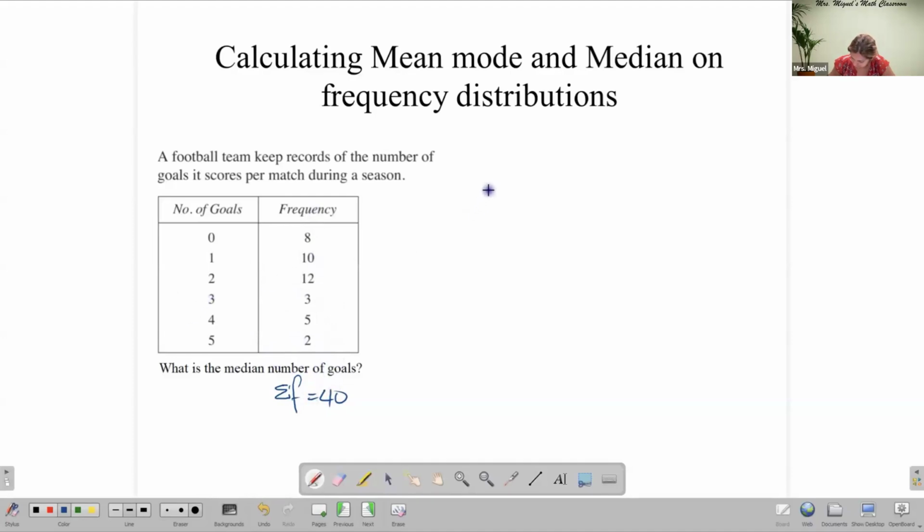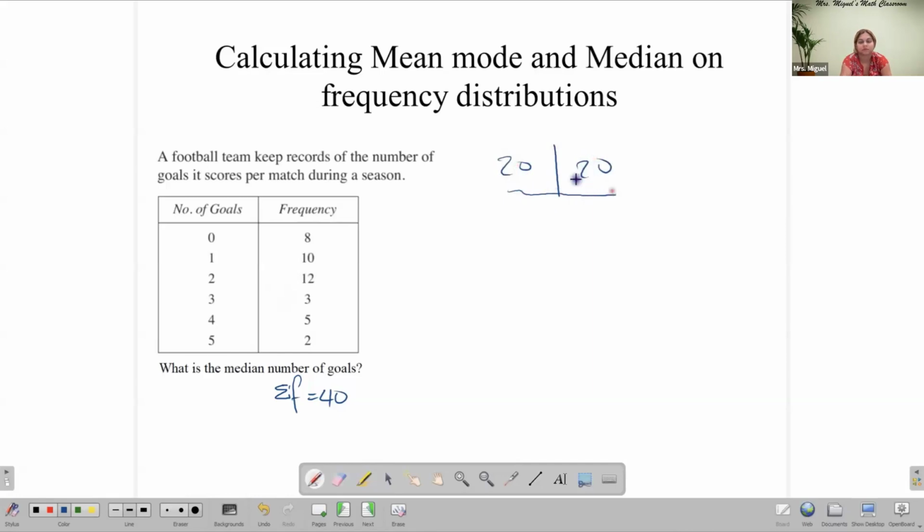So we're going to say 40 plus 1. We add 1 because when you're dealing with discrete data, your value is always the middle data. When you divide 40 numbers in 2, you will get 20 numbers on that side and 20 numbers on that side.